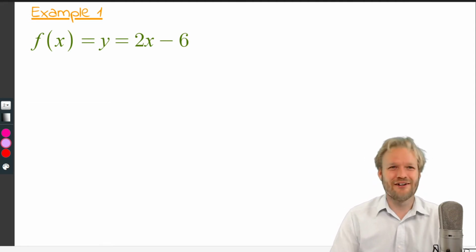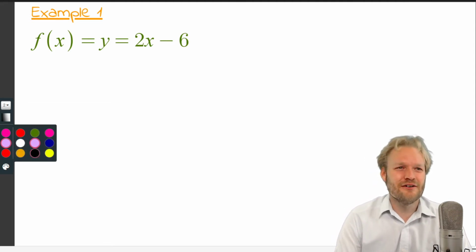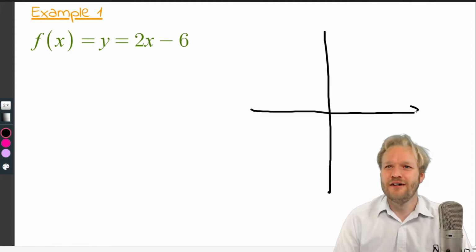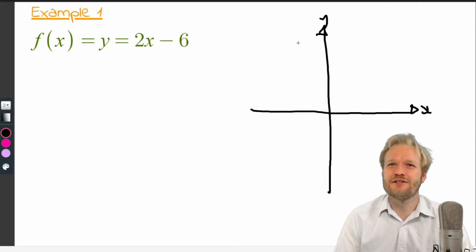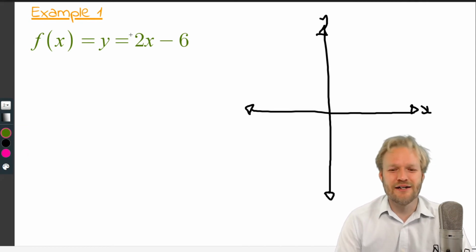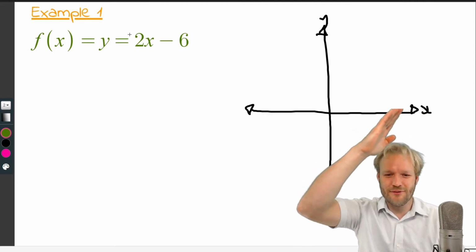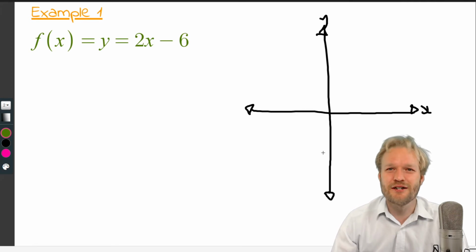So we've got a straight line going along here, and so let's sketch our straight line. So instead of axes, it's useful, x, y, here we go, and we've got this line. We know that it's a positive gradient. In fact, it's going to look almost exactly like that. It's 2x minus 6.